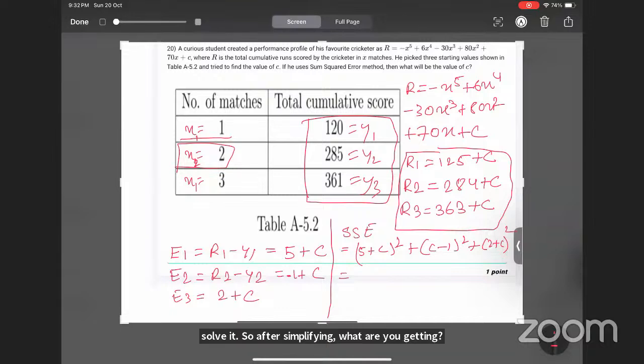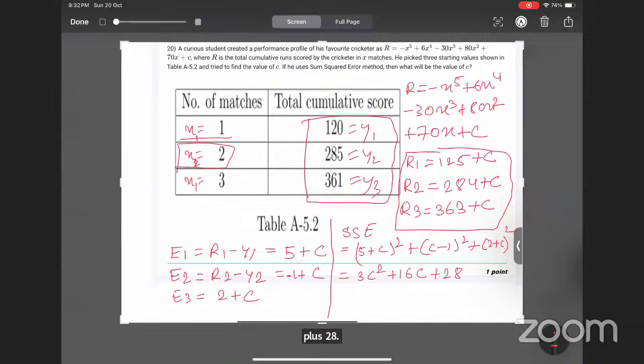Tell me the simplified version, okay? Three C square plus 16C plus 28. Okay, this is the equation.